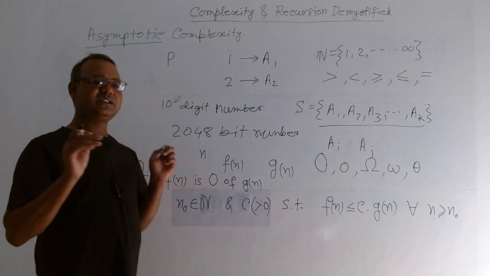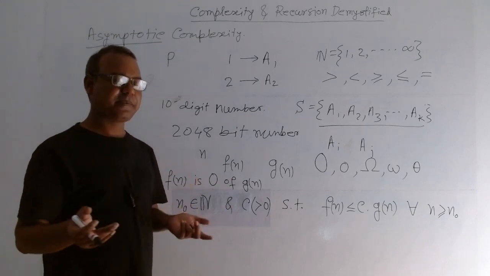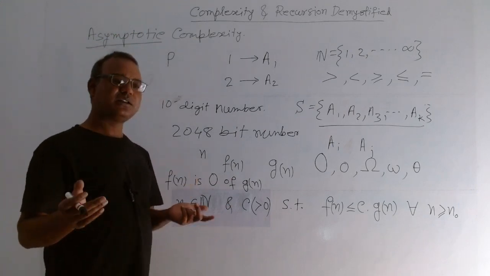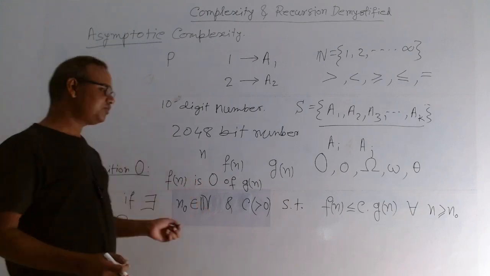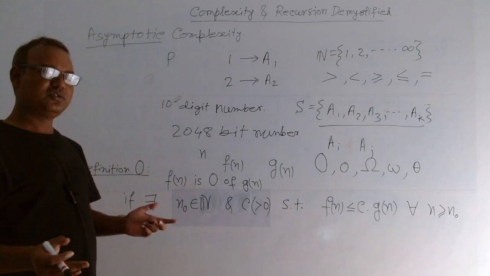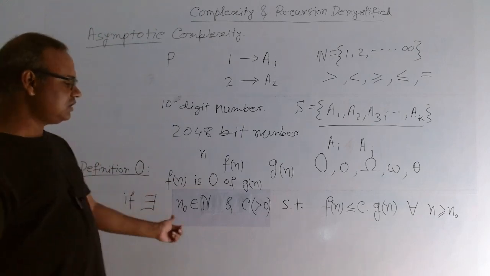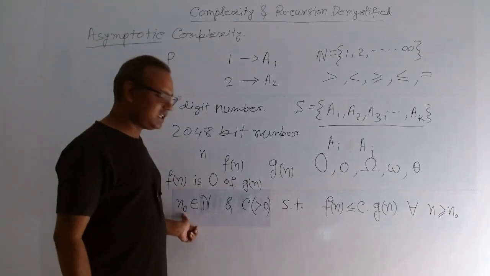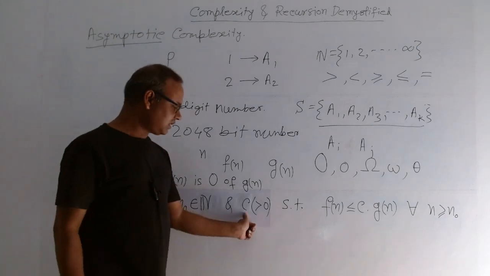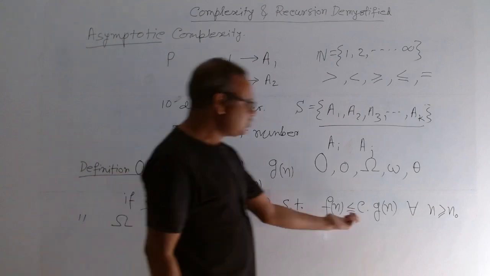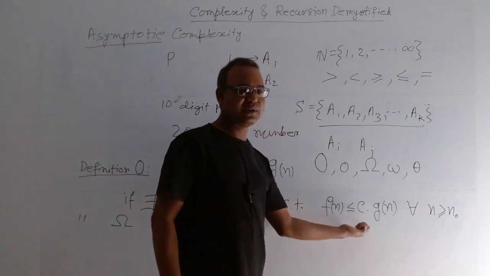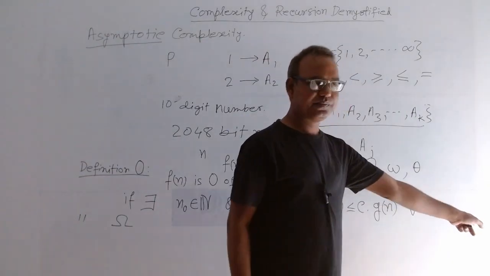You are asked what the order relation between them is. So what you have to prove? Suppose you want to prove big O. You have to find some fixed constant n0 and some positive number c, and show this condition is satisfied when n is greater than n0.